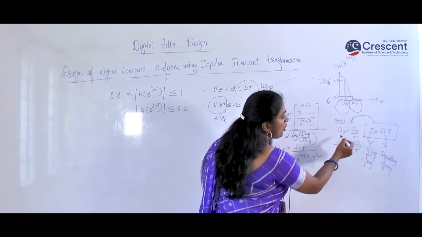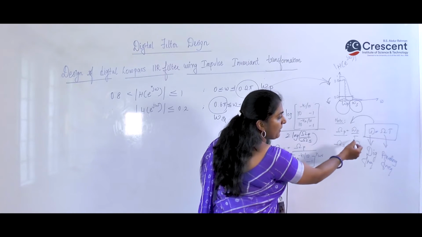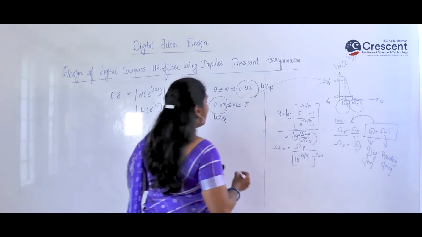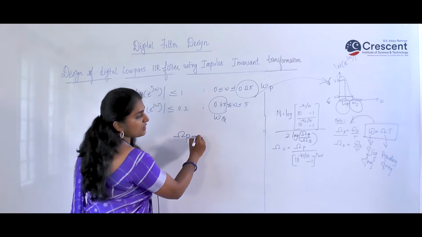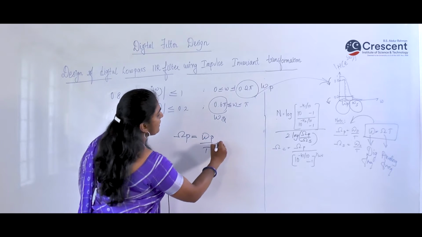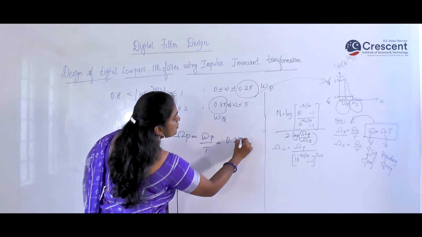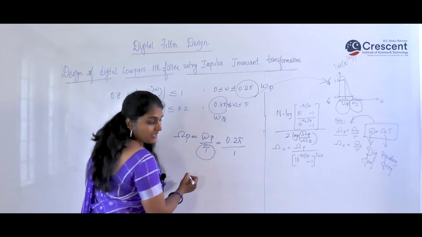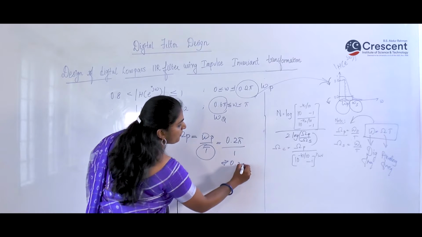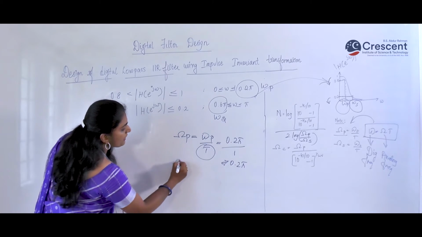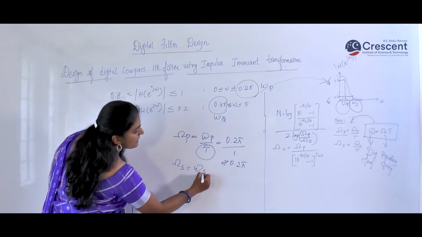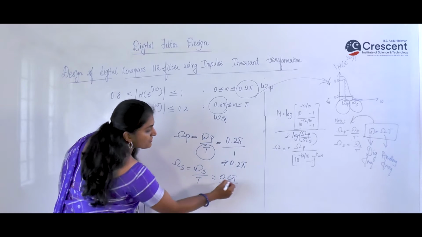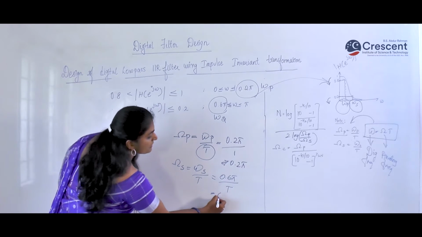So the relation is omega p analog is equivalent to omega p by T, and omega s analog is equivalent to omega s by T. So it is equivalent to 0.2 pi by T, where T is the sampling period, and let us assume T is equivalent to 1 second, so it is equivalent to 0.2 pi. Similarly, omega s is equivalent to 0.6 pi divided by T. Again I am taking the sampling period value as 1, so it is equivalent to 0.6 pi.